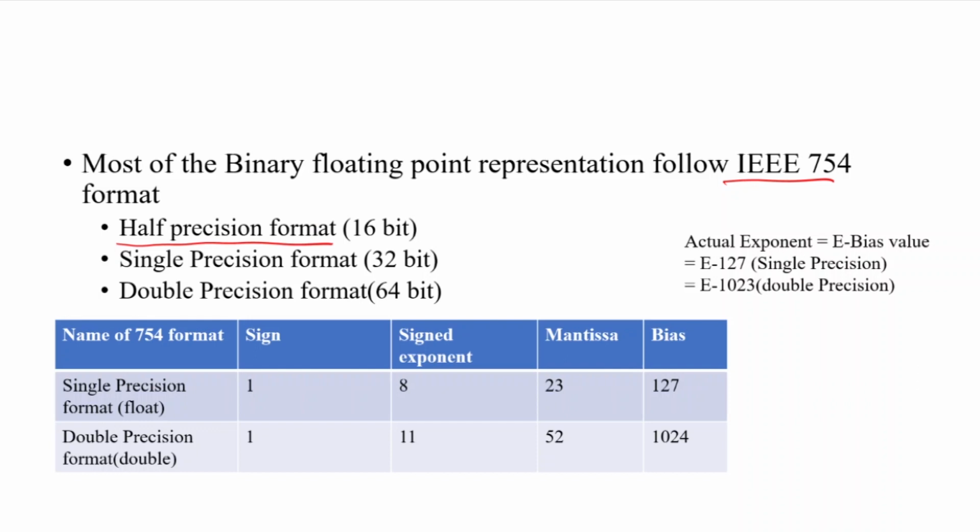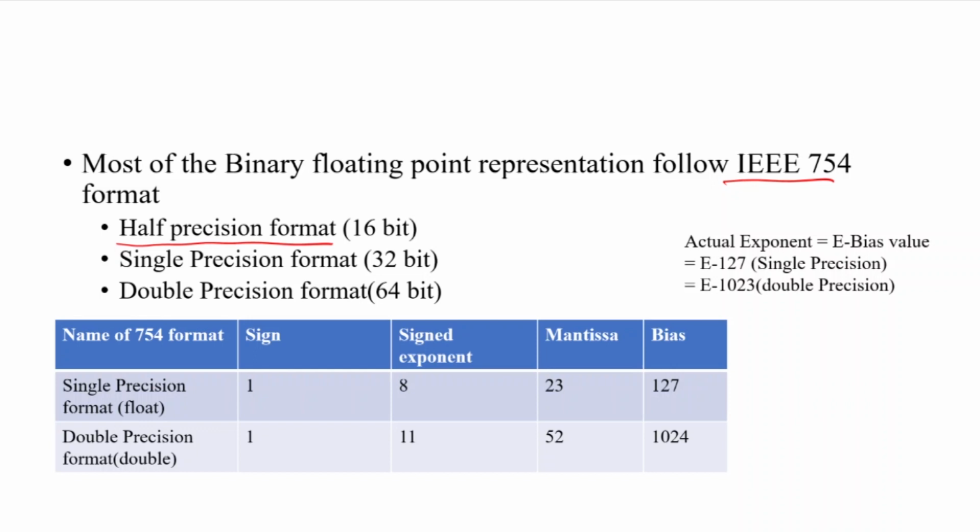Then what is the range of values represented through this half precision format? Single precision format follows 32 bits. 32 bits are used for representing a floating point number in single precision format, and in double precision format, 64 bits are used to represent any number.